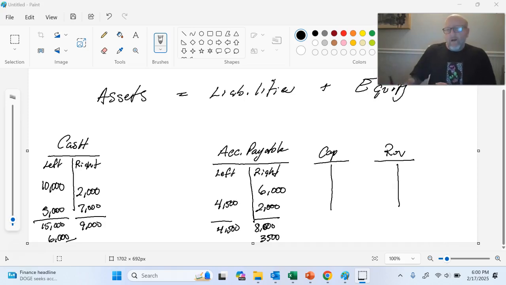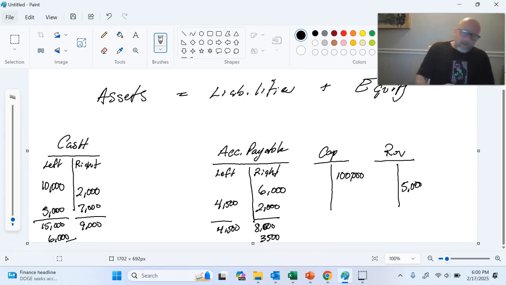Therefore, if I contribute $100,000 of cash to the business, I would show the contribution of 100,000 on the right side of the account. If I wanted to show the recognition of revenue, I would show it on the right side of the account.